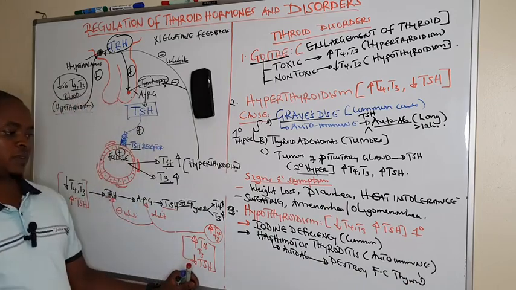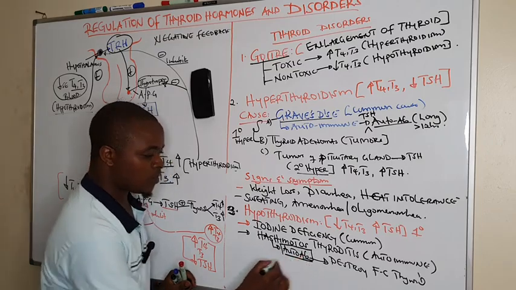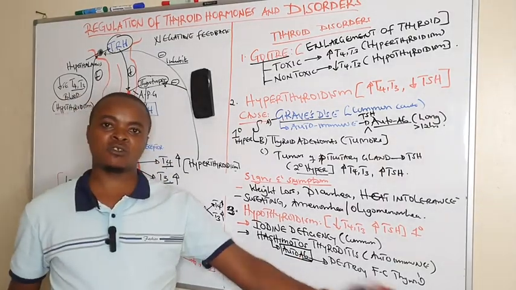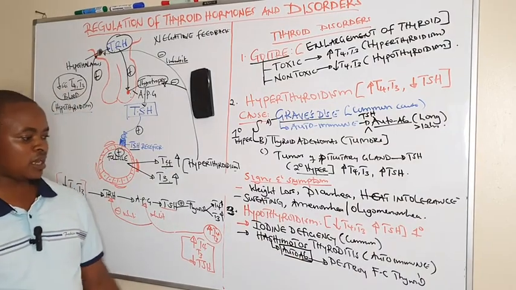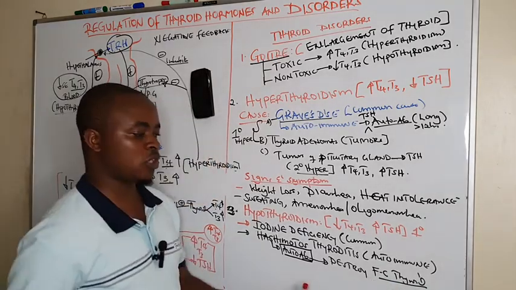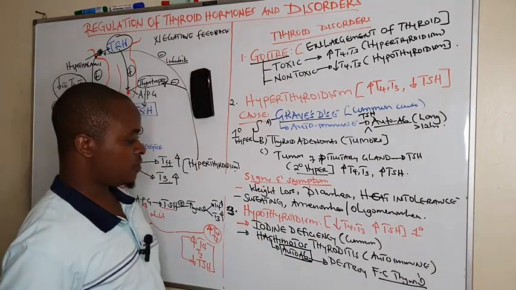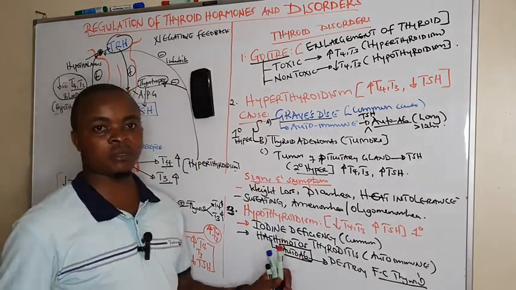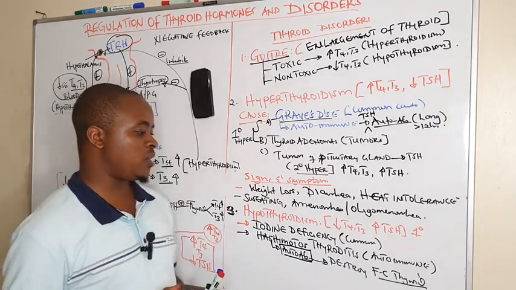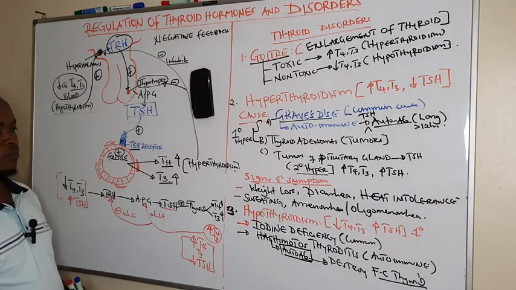That is what happens. So the body producing antibodies against cells of self, that is Hashimoto's. And when the follicular cells are destroyed, of course, we shall no longer produce enough T3 and T4. And even iodine deficiency, because in the manufacture, we need iodine as a component.